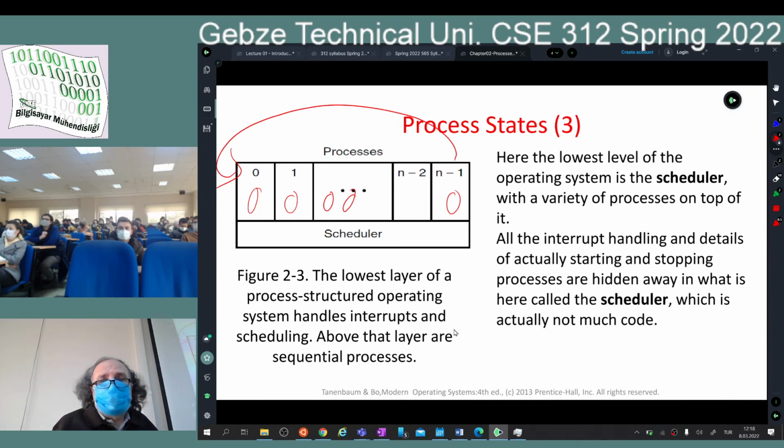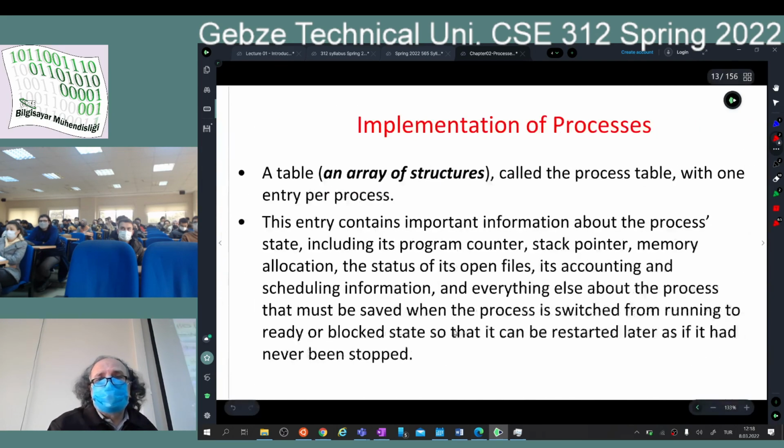That's how the scheduling is done. So this is as simple as a circular queue. If a process is terminated, you take that process out of the queue. If a process is added, you just add it at the end of the queue, and that's it. So a scheduler might be as simple as a round robin scheduler.